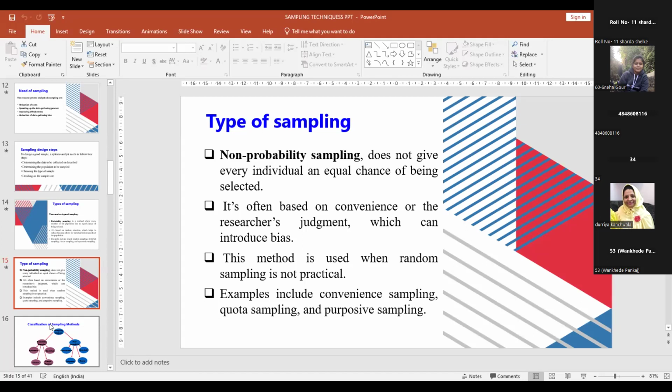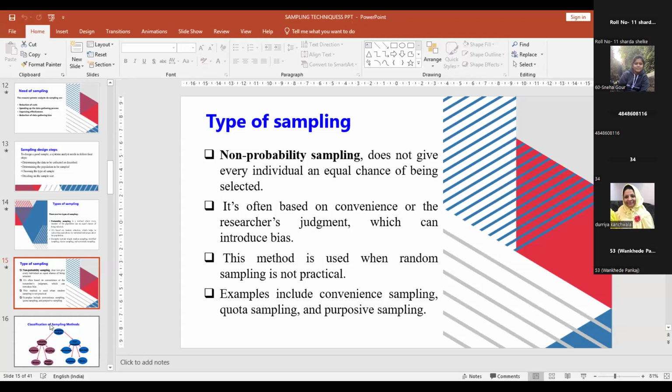We can say that non-probability sampling is divided into a further four types. As I told, simply we can say that sampling is basically of two types. In probability, every individual has an equal chance of being selected. Here, in non-probability, not everyone is given an equal chance.